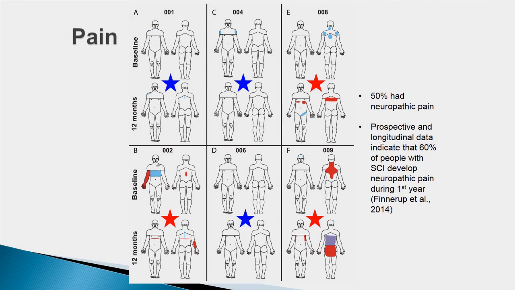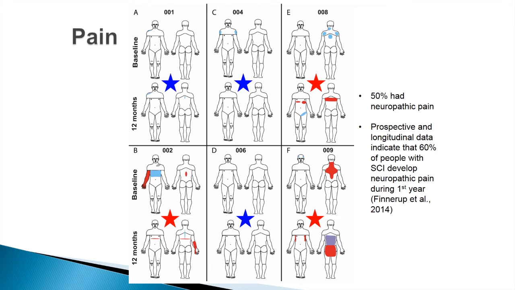So that shows that 50% of our participants had neuropathic pain that developed within that first year of spinal cord injury. However, prospective and longitudinal data that is out there in the literature indicates that actually about 60% of people with spinal cord injury will develop neuropathic pain during their first year.